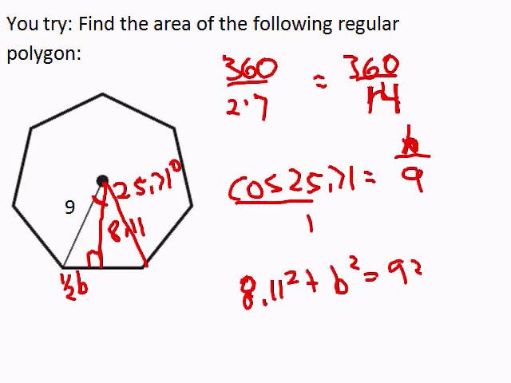So half my base is 3.9, which means my entire base is 3.9 times 2, which is the same thing as 7.8. Now all that was to just get the base and the height, 8.11 and 7.8.